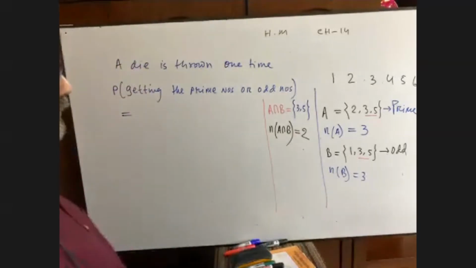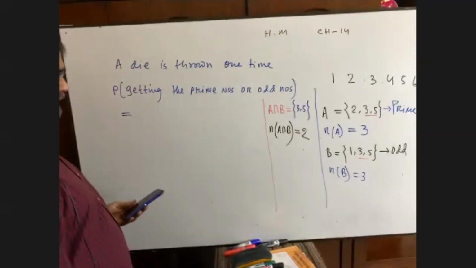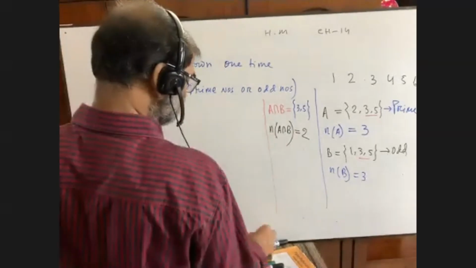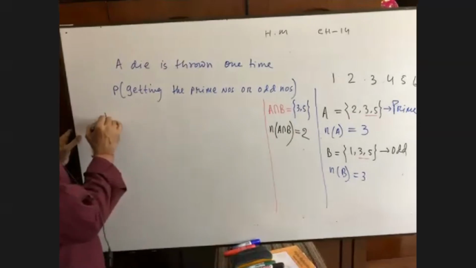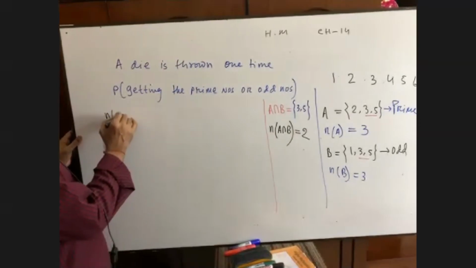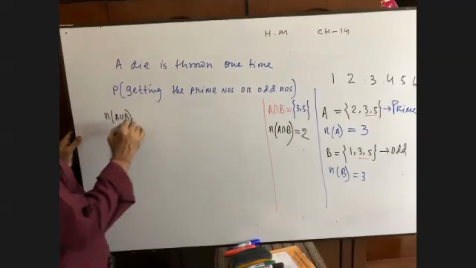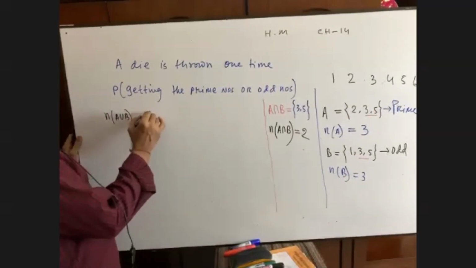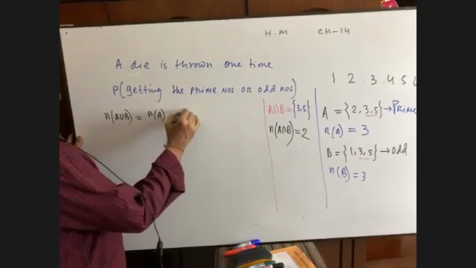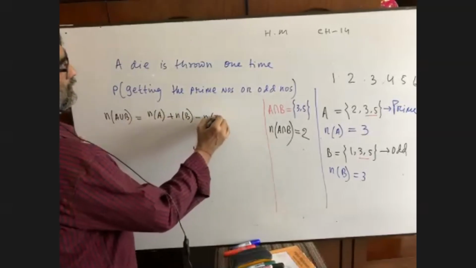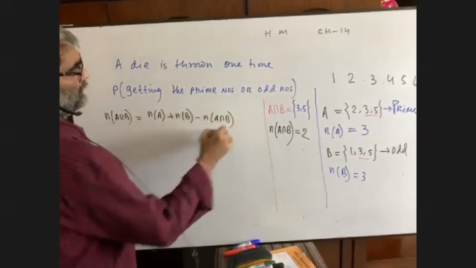Now you please find out n of A union B is equal to n of A plus n of B minus n of A intersection B.